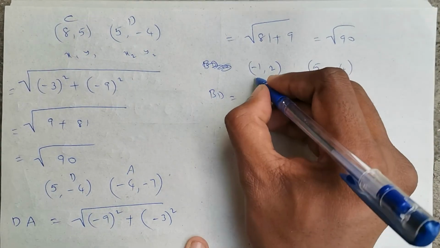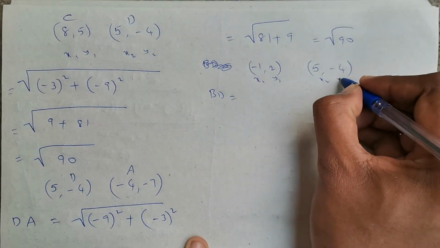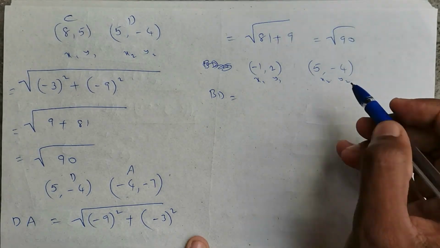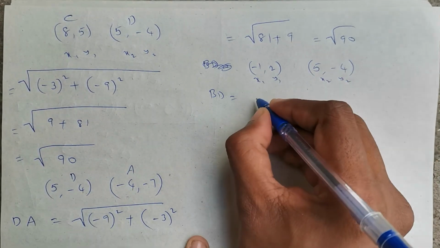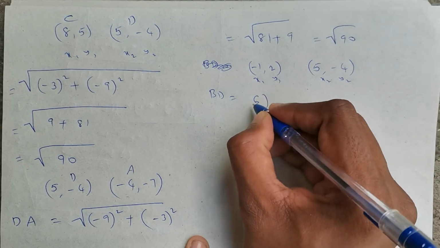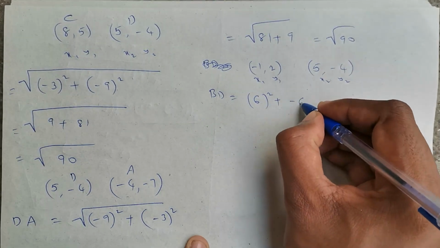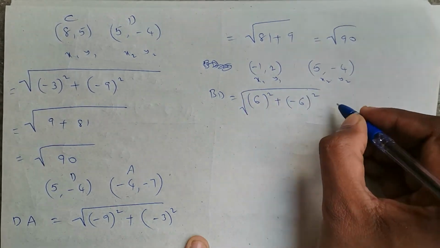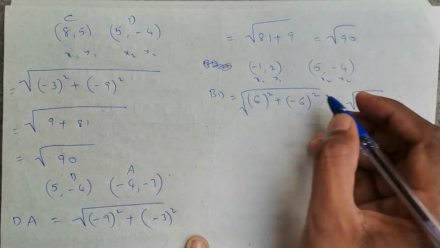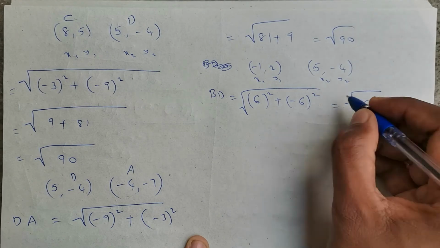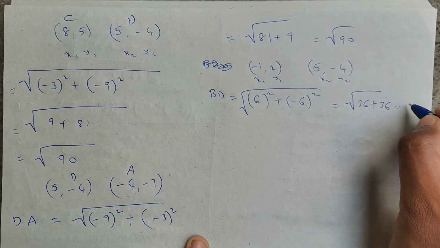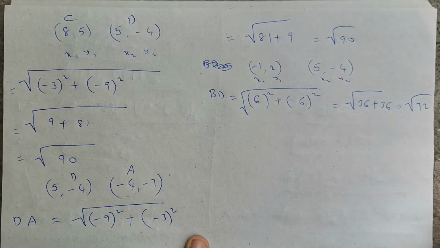BD is equals to, this I am taking as x1 y1 and this as x2 y2. x2 minus x1, 5 minus of minus 1, 5 plus 1, 6 square, plus y2 minus y1, minus 4 minus 2, minus 6 whole square, under root. This is equals to root 6 square 36 plus minus 6 square 36, root 36 plus 36, 72.